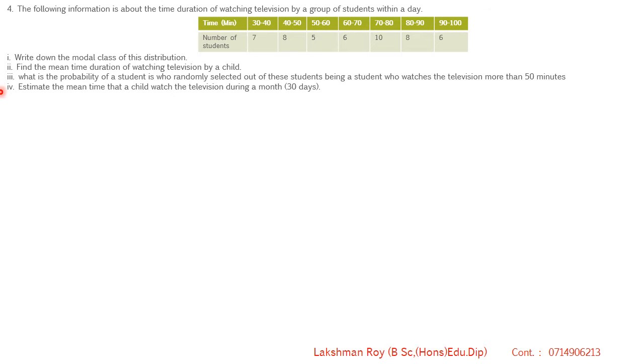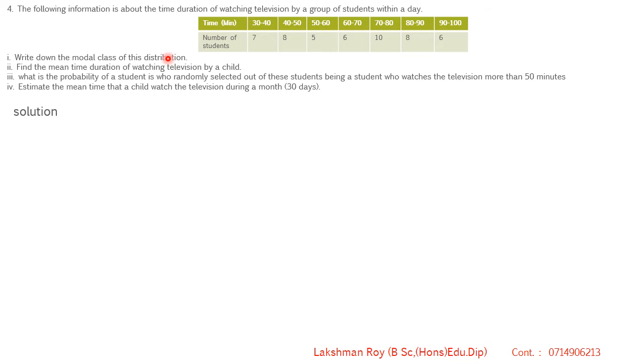Then Roman number 4 says, estimate the mean time that a child watches television during a month, that means in 30 days. Right, so this is an easy question. Move to the solution. Roman number 1 is write down the modal class of this distribution.